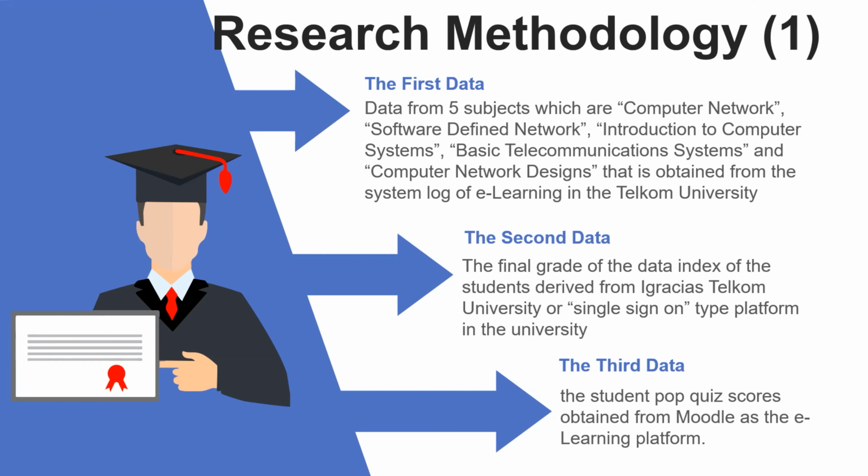In addition, the second data is the final grade index of the students, derived from iGracias Telkom University, a single sign-on type platform in the university. Lastly, the third data is the student pop quiz score obtained from Moodle as the learning platform.